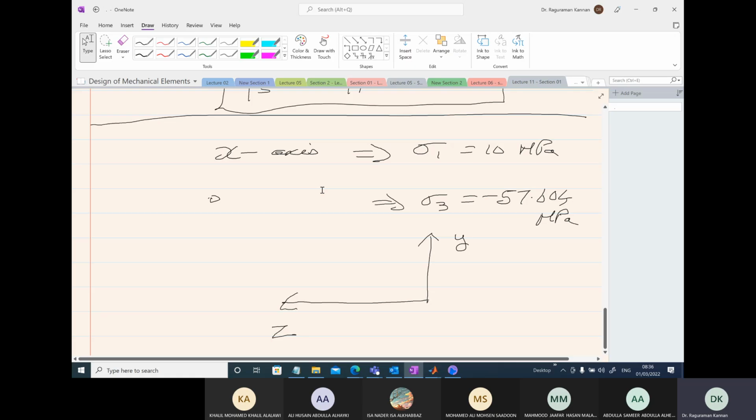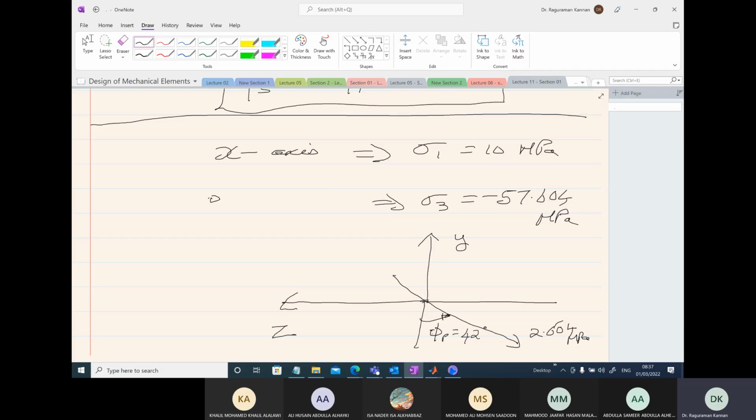We know that corresponding to 2.604 megapascals, corresponding to this direction, we had 42 degrees, if you recall. If you add plus 90 degrees to that, that will be the direction corresponding to 57.4.